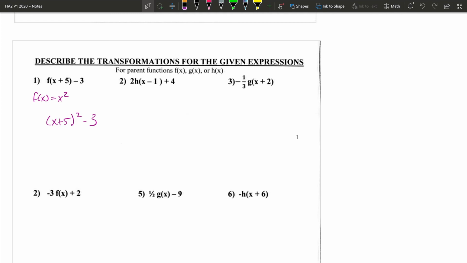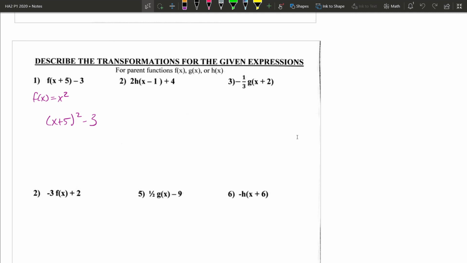So when we were talking about these before, remember how it was always a on the outside, h in the parentheses, k on the outside? The parent function really doesn't matter, which is a weird concept in and of itself. Let's look at number 2 here. I don't care what the parent function actually is. 2 for an a is going to do what? Vertical stretch, right? So vertical stretch of 2.